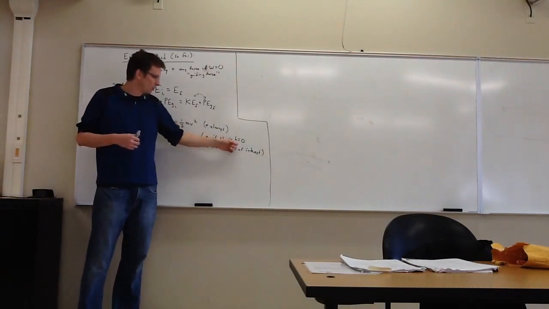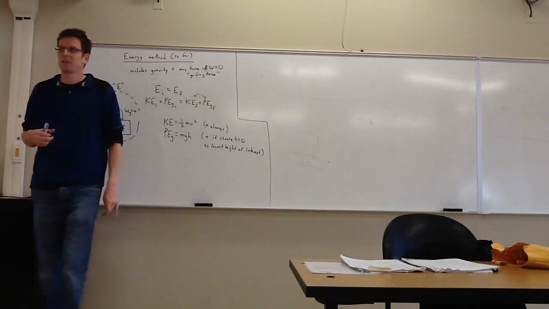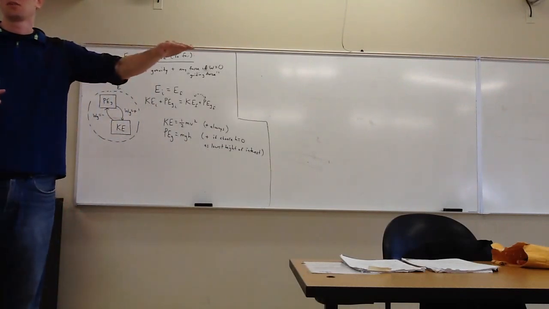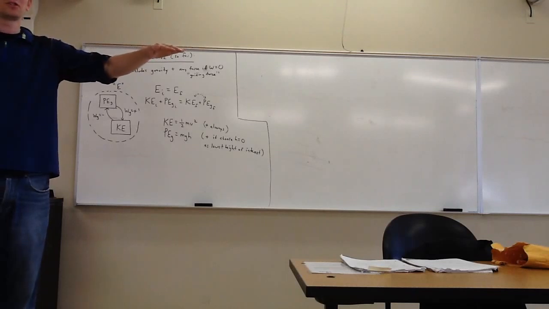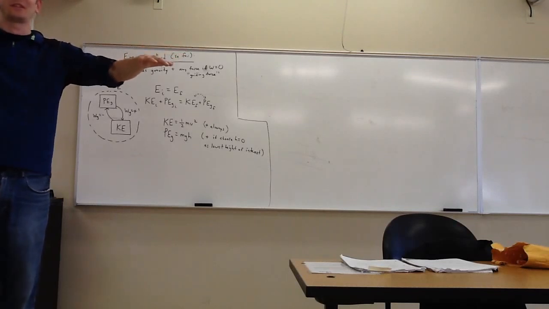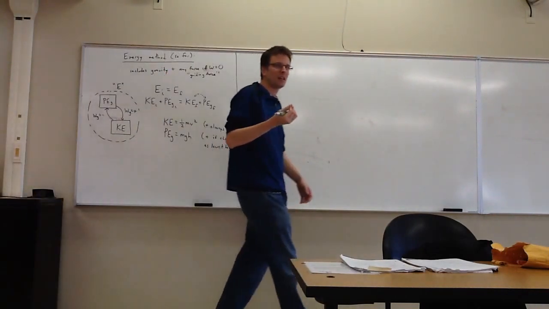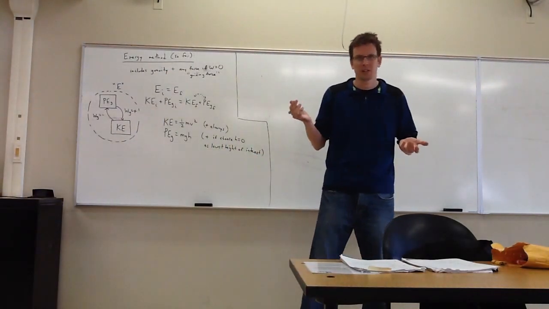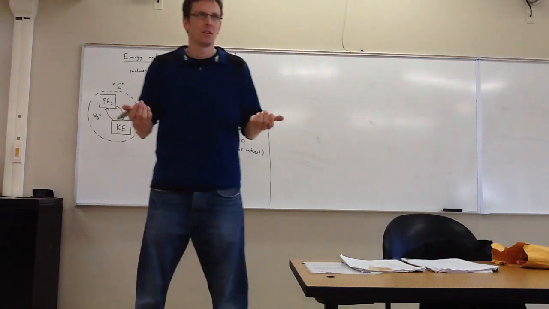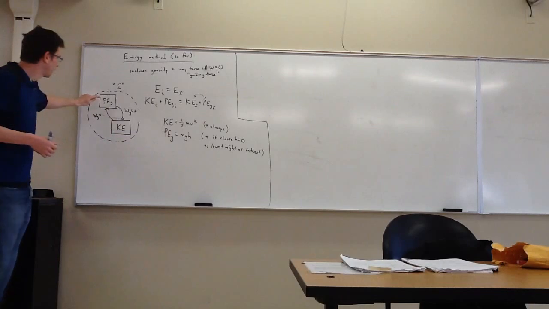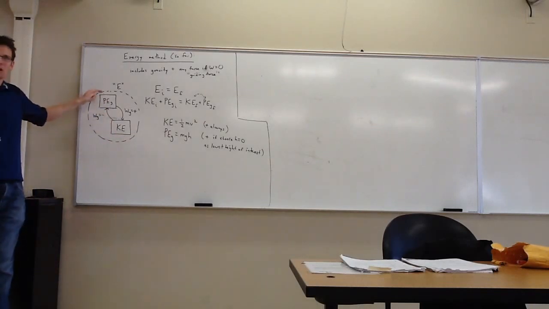So if we choose h equals 0 at the lowest height of interest in the problem, then the potential energy will either be 0 because we're there at that lowest height of interest, or it'll be positive because we're higher than that. So that's a very nice method because, first of all, nothing's a vector. Everything's just a number.